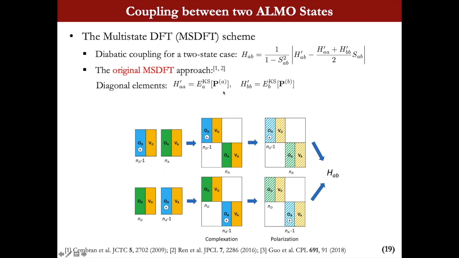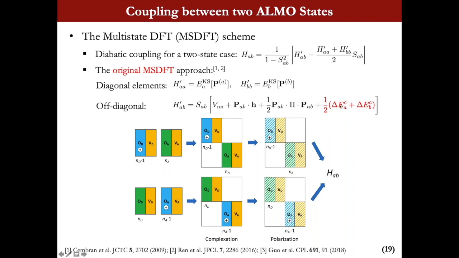For the diagonal elements, it's quite intuitive to use the Kohn-Sham energies associated with each of these diabats. And for the off-diagonal elements, the original MS-DFT method first calculates the coupling between two Kohn-Sham determinants using the Hartree-Fock Hamiltonian, and then applies a correction for the exchange correlation contribution, which is estimated as the average of the energy difference between Kohn-Sham and Hartree-Fock for each determinant.